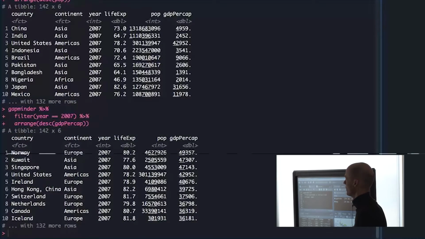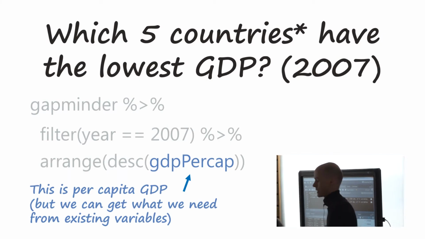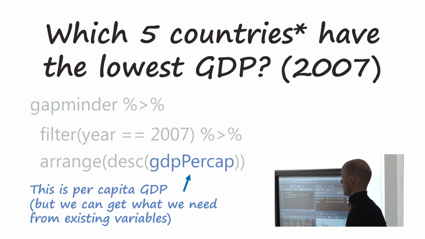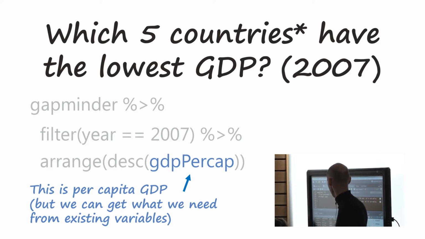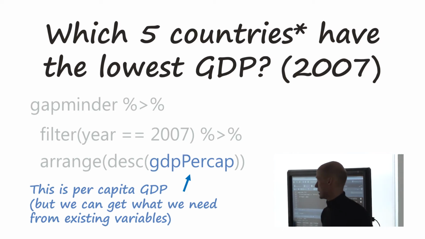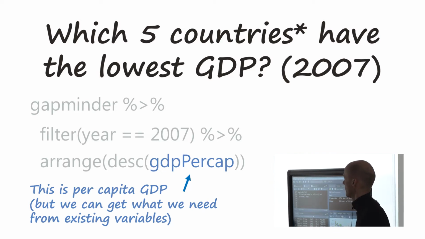You can't do GDP yet because we have GDP per capita. But we can get GDP from existing variables. Notice we have the population and we also have GDP per capita. What we need is a function of existing variables in order to get our GDP.